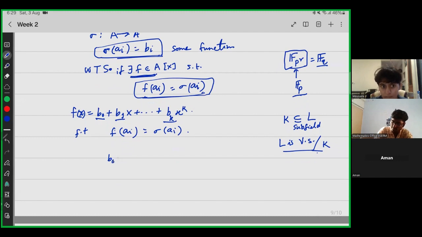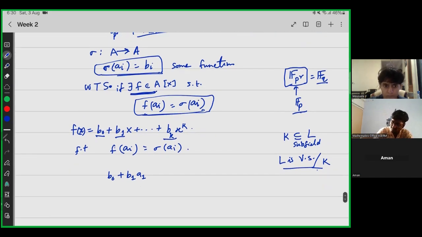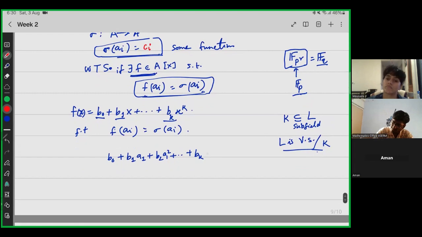Then the first equation will become b_0 plus b_1 a_1 plus b_2 a_1 squared, and so on, plus b_k a_1 to the power k is equal to c_1.